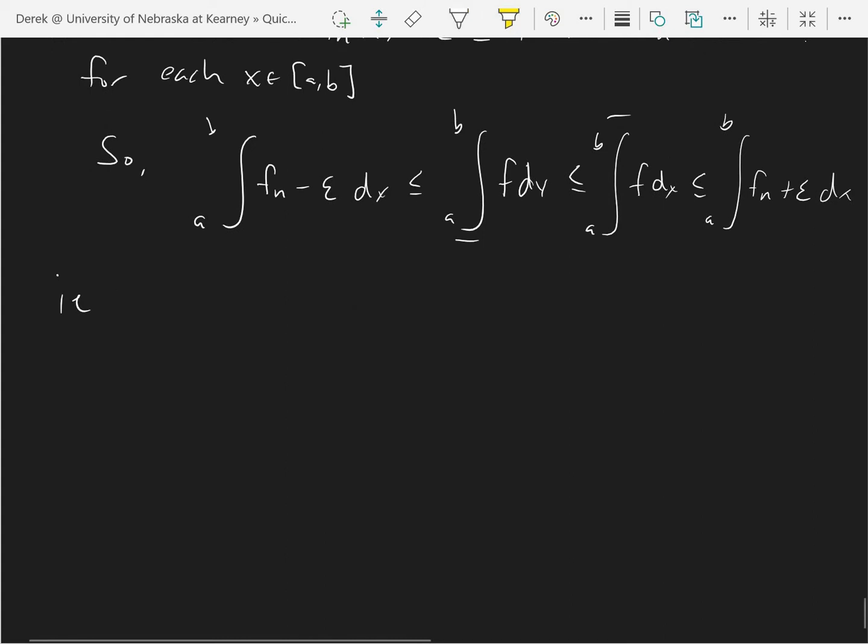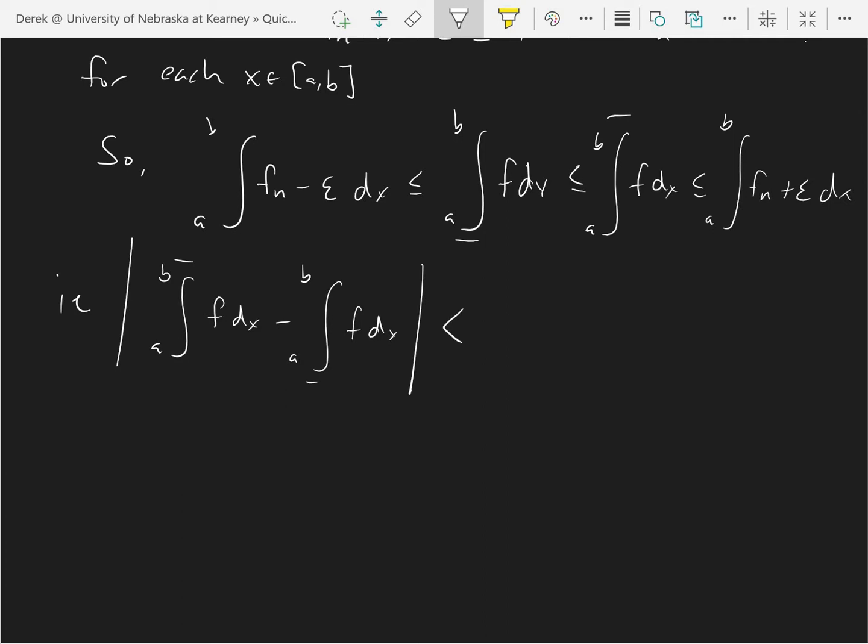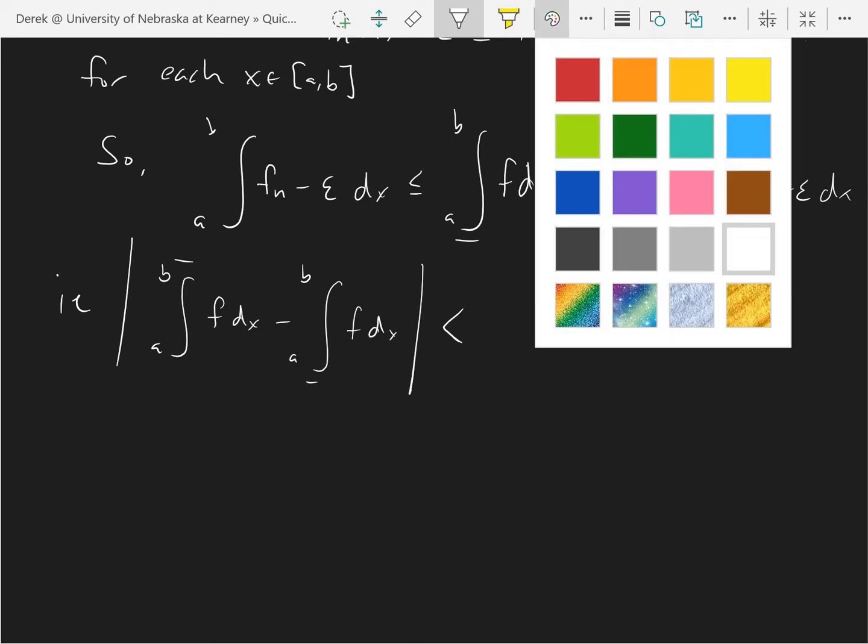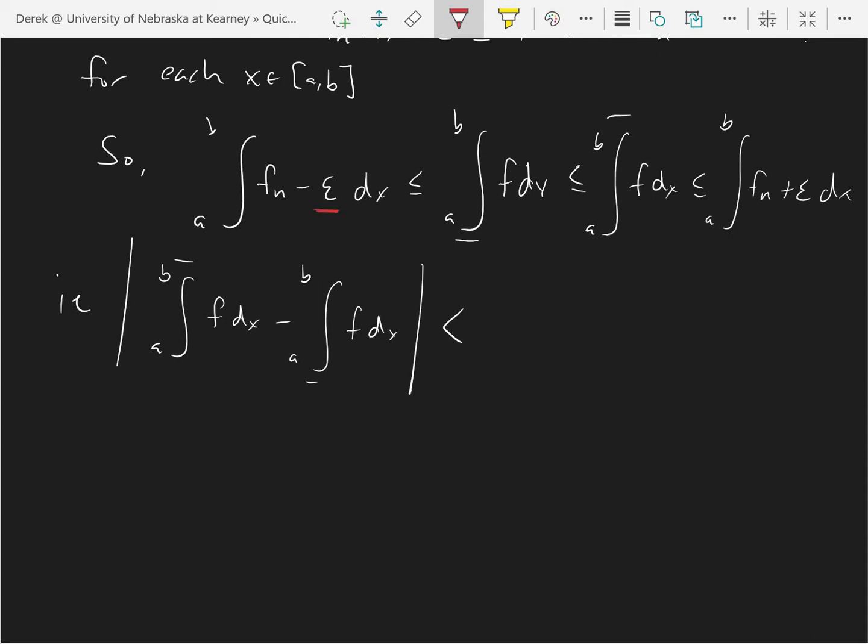That is, the difference between the upper and lower integrals of f in absolute value is less than, well, I can pull this constant outside the integral of f sub n, and this is going to be 2 times epsilon sub n times b minus a.